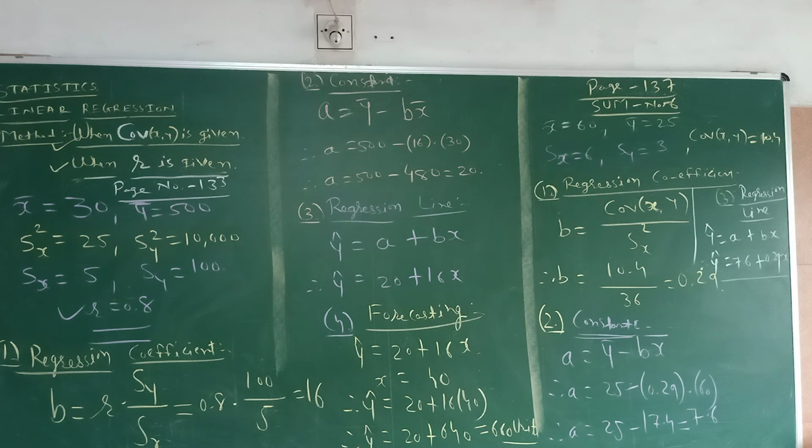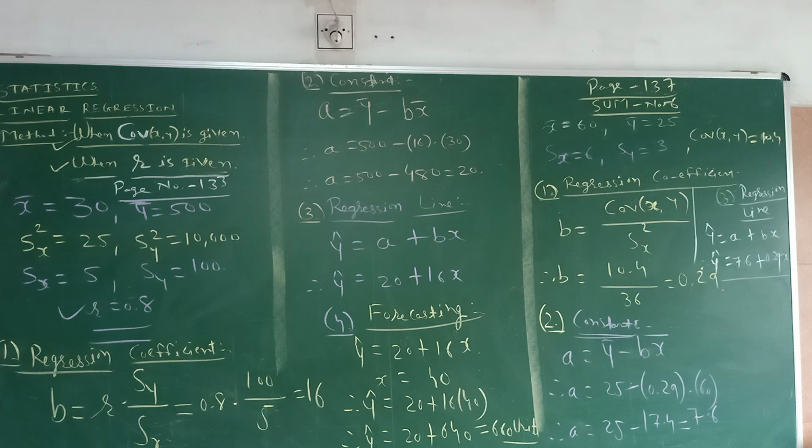I repeat, page number 137, sum number 7, sum number 8 and sum number 9. All the three sums are short sums, so you can do them easily yourself.